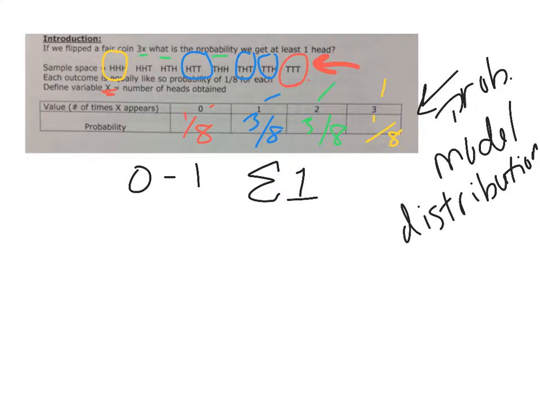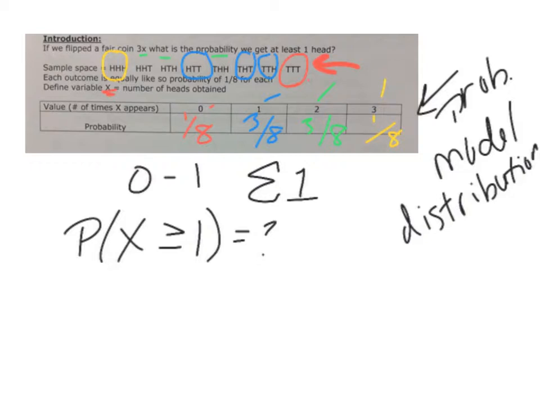So if I want to know the probability of getting at least 1 head, I'm looking for big capital X occurring greater than or equal to 1 time.